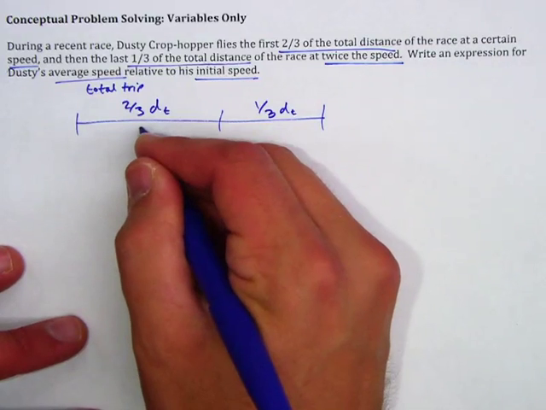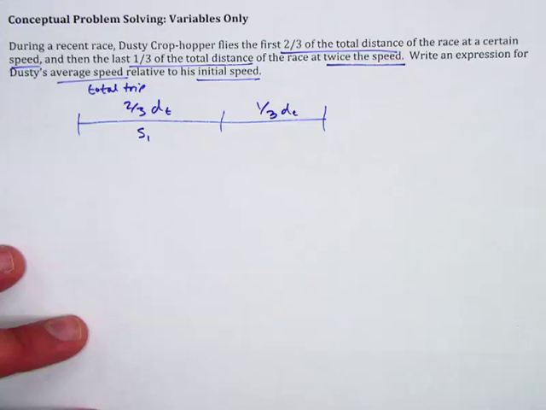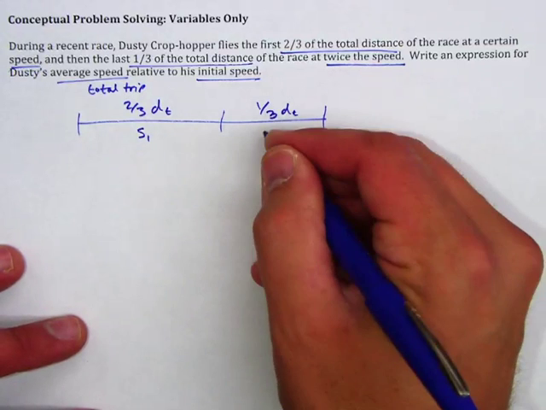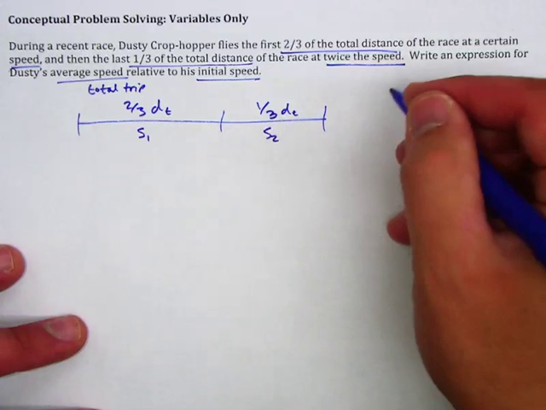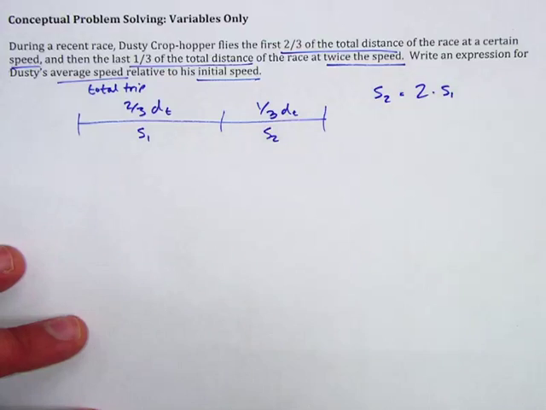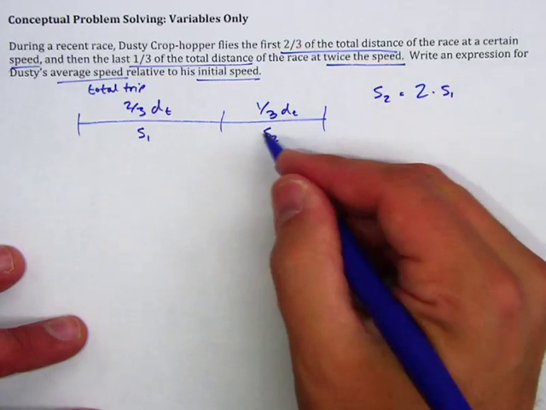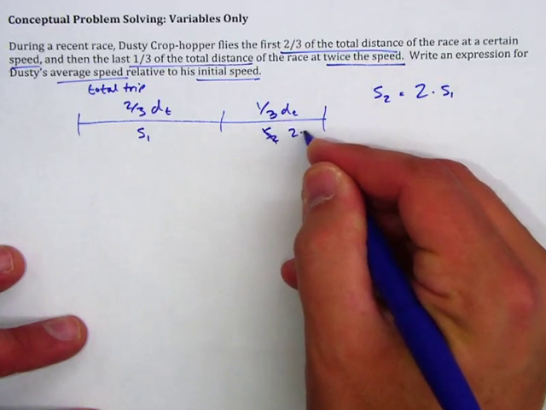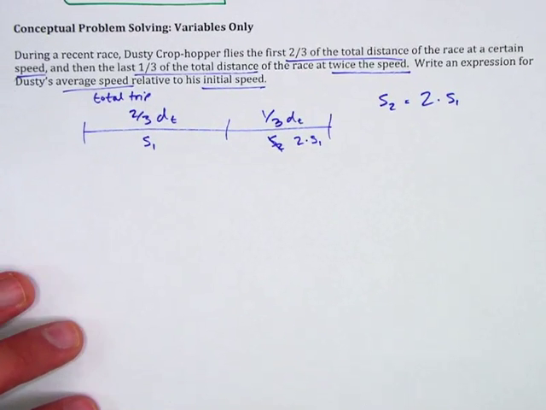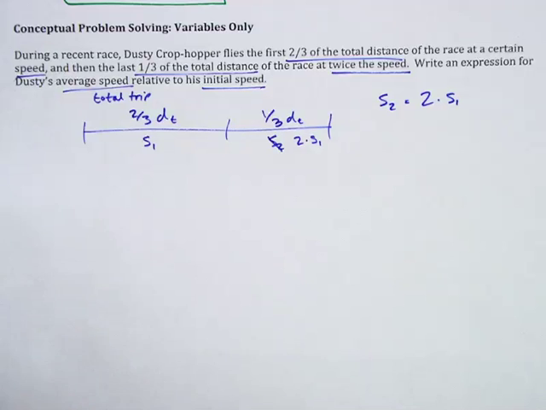I'm just going to call that speed S1 for the first 2/3 of the trip. And then twice the speed, S2, which is double S1. So right off the bat, I can replace S2 with 2 times S1. So anytime you're doing a conceptual problem, you want to use relationships like that to eliminate a variable. We'll make it simpler.